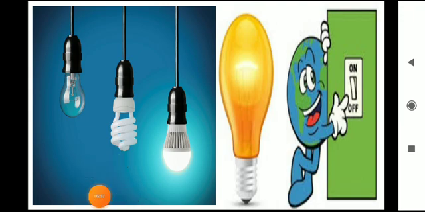We can save electricity by installing LED bulbs. Earlier we were using normal bulbs, then normal bulbs were replaced by CFLs, and now CFLs are replaced by LED bulbs, as LED bulbs consume less power. We can reduce the use of electricity by turning off electrical appliances when we are not using them.